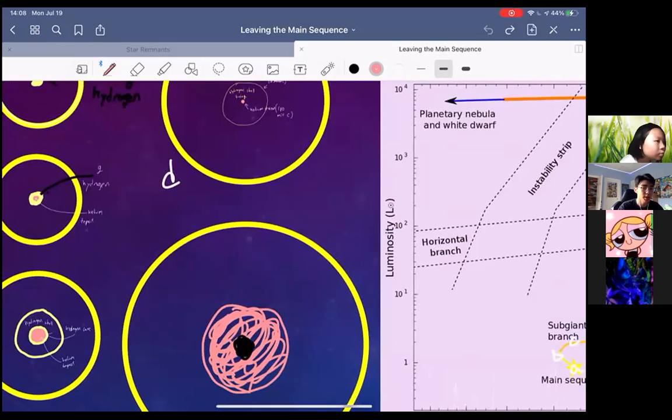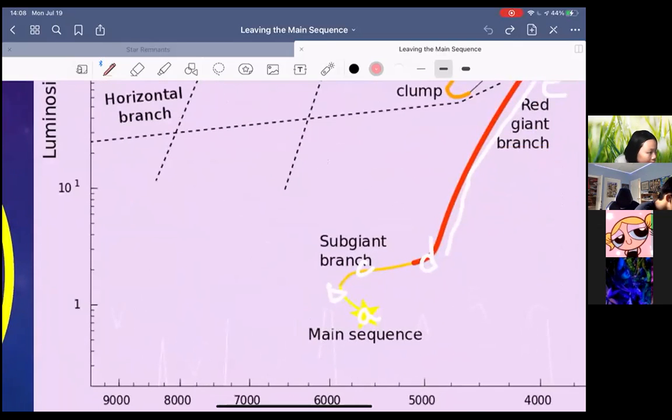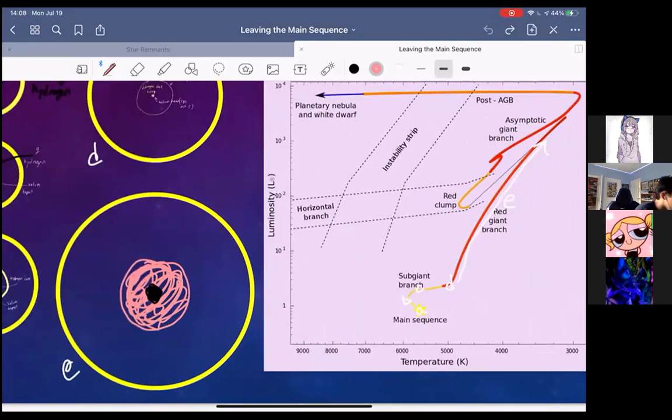Once the core runs out of helium to burn, it then continues to burn carbon, and it creates a carbon deposit in the center. This process of collapsing the core and creating another shell happens over and over.